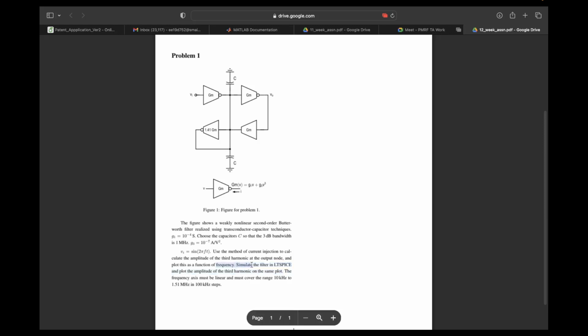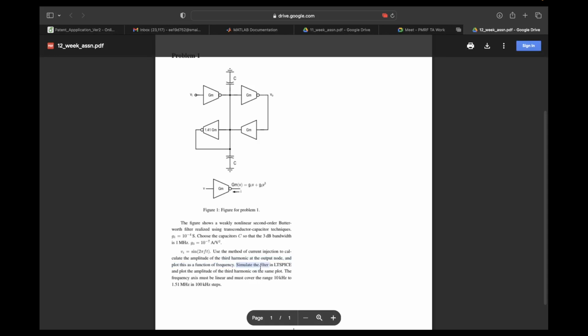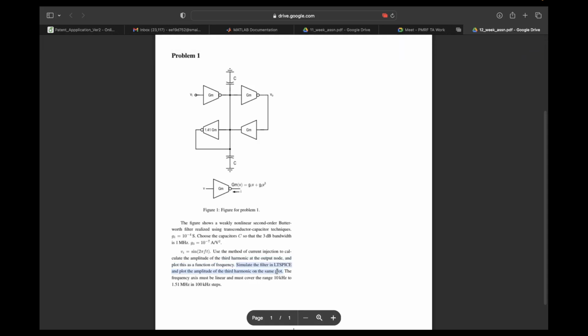You can get the data from LT-Spice and import it to MATLAB, and plot the analytical one that you calculated on the same plot with the LT-Spice data, and that will be done.